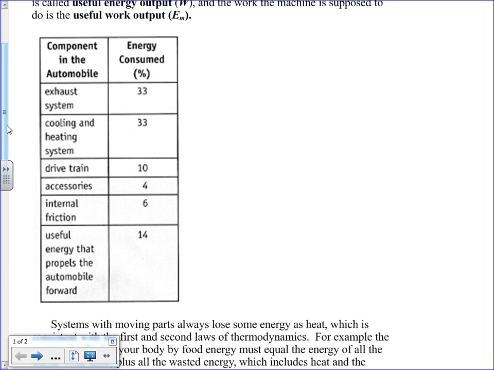So $4 out of your 100 is spent to play the radio while you are driving around. Internal friction, so basically any other moving parts, 6%, which leaves 14%. $14 out of the 100 is actually what propels your car forward.